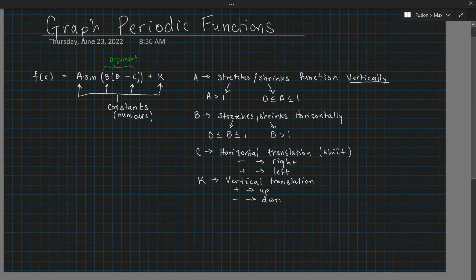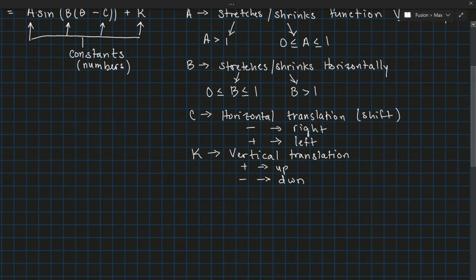And then the only other things are flips, or reflections is the proper term for it.